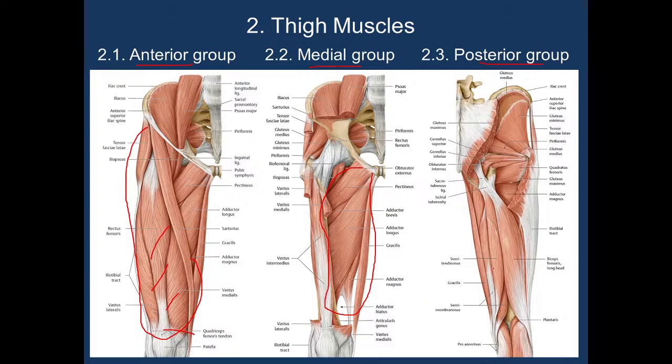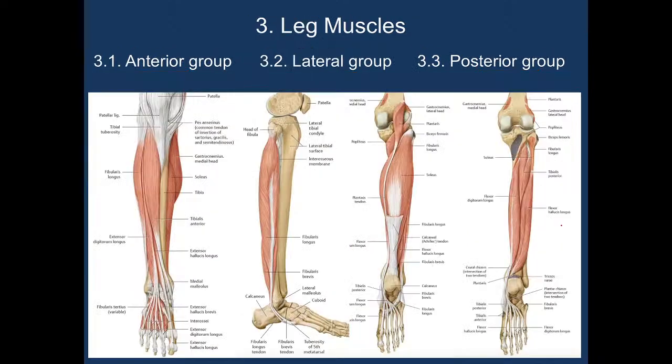The posterior group has only three muscles, and one of these is the biceps femoris. It also has two heads fixed on the pelvic girdle bones.